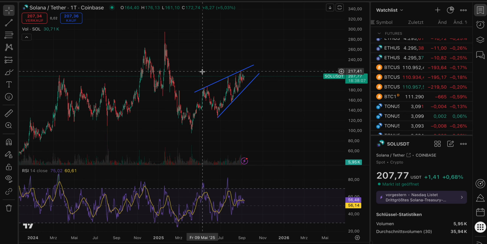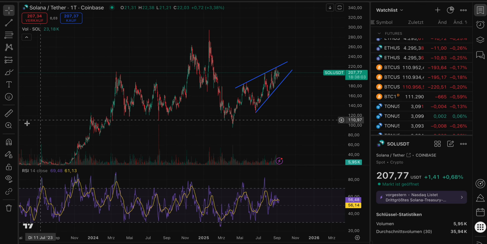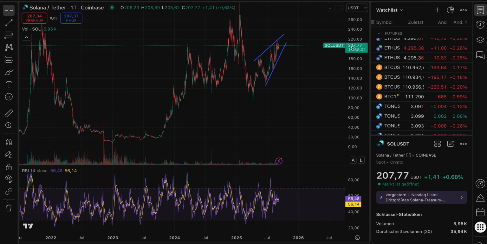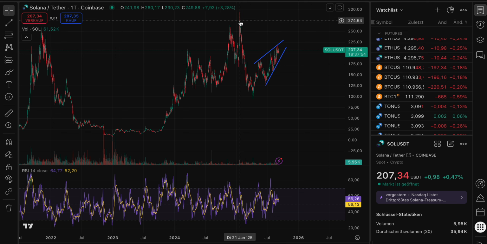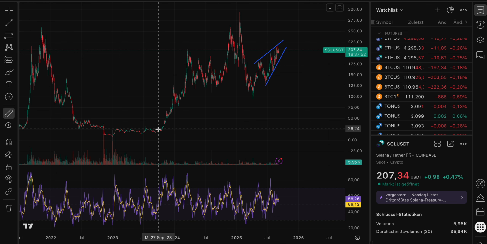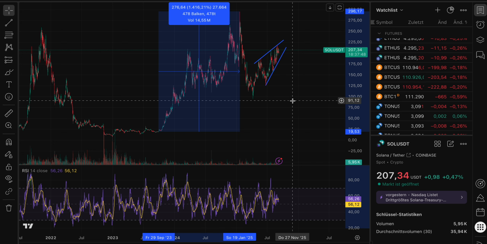And what we can see on Solana here, this is a daily chart, okay? We can see that Solana pumped hugely, right? From here, from September 23 to January 25, 1,400%, okay?